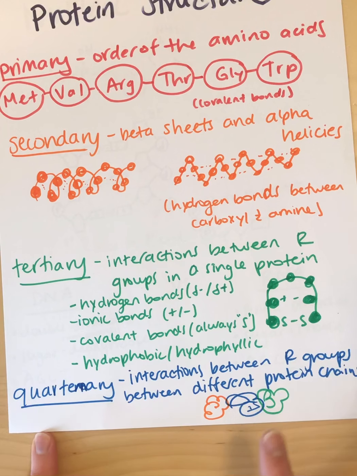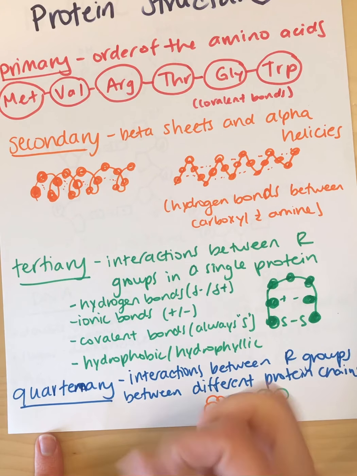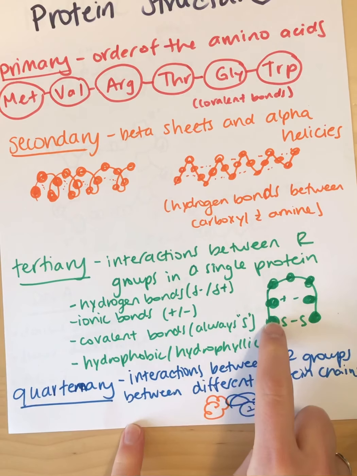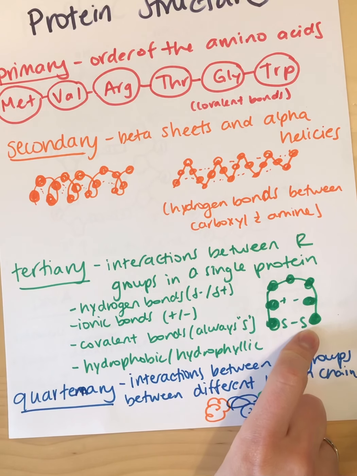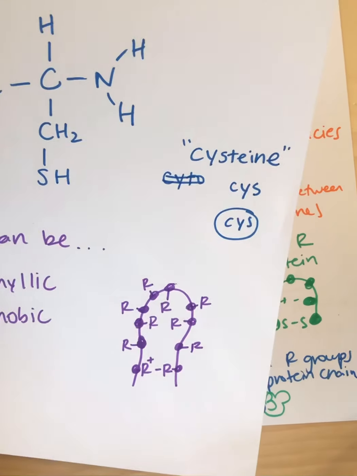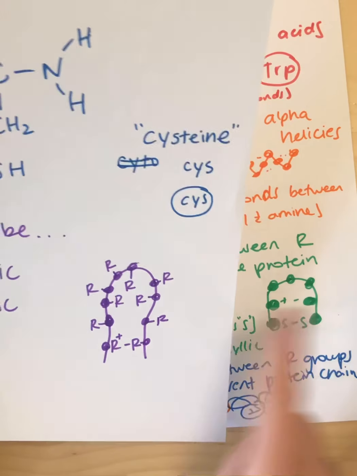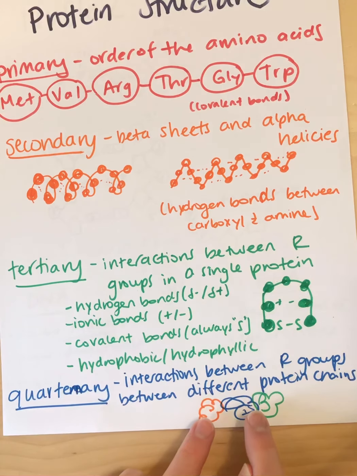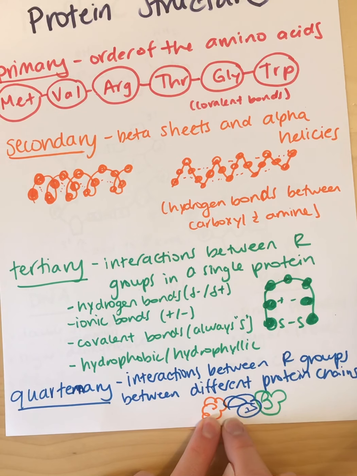Quaternary structure is when multiple strands of protein interact with each other. So like if this green protein that had folded up on its own and this purple protein that had folded up on its own are now interacting with each other. And the same types of bonds apply. We're just between separate proteins at this point.